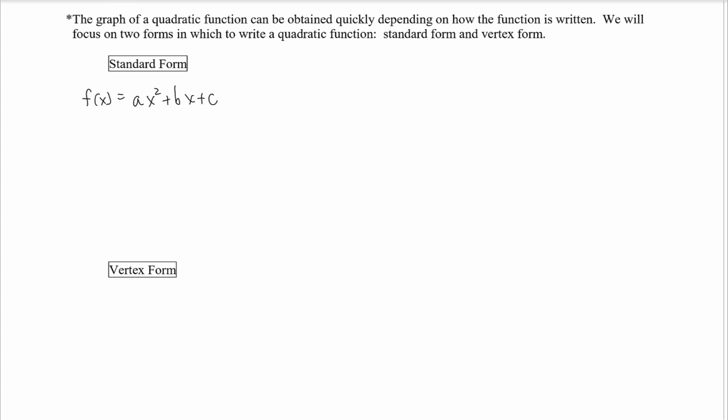So let's say you start with standard form, and let's complete the square.